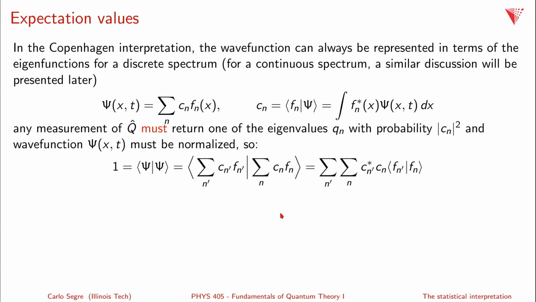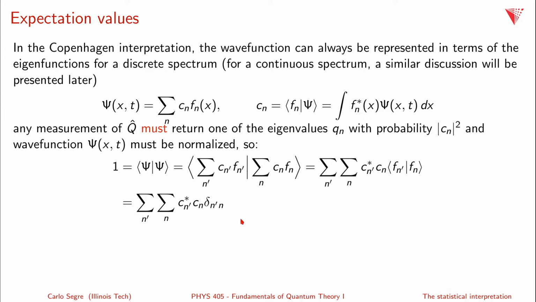And we know what that gives us because we can take the sums and the constants out of the inner product, and so we have the sum over n prime, sum over n, c star sub n prime, c sub n, inner product of f sub n prime, f sub n. And since these are eigenstates, they're normalized and they're orthogonal, then the only term which survives is when you have n prime equal to n, because that's a Kronecker delta, delta of n prime n.